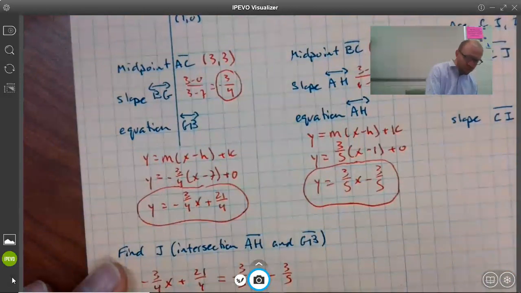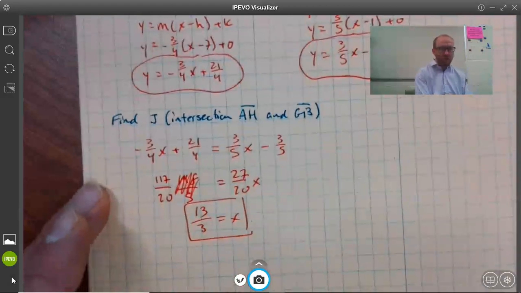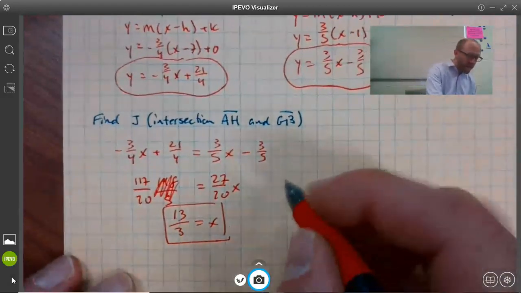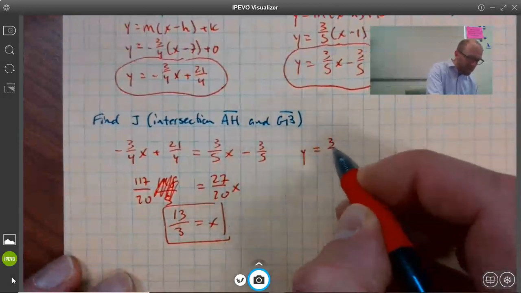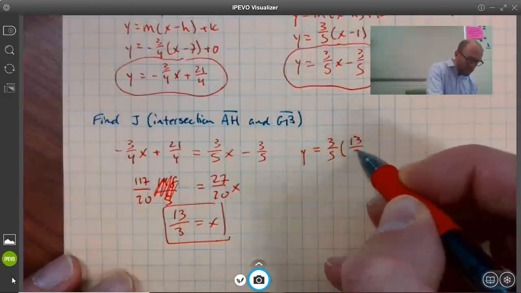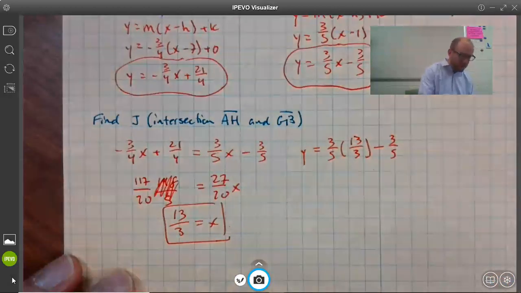So 4 1/3 is 13/3. That's our x coordinate. Okay, 13/3. Now find our y coordinate by just plugging that into one of these equations. It doesn't matter, we'll use this one up here. Minus 3/5.